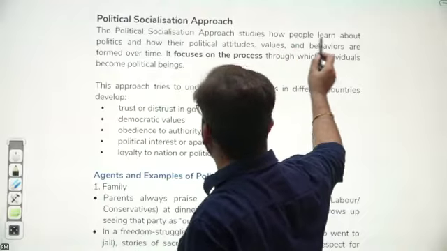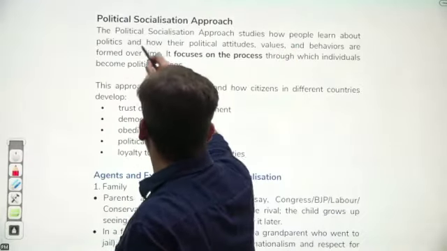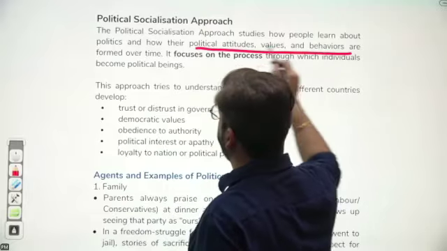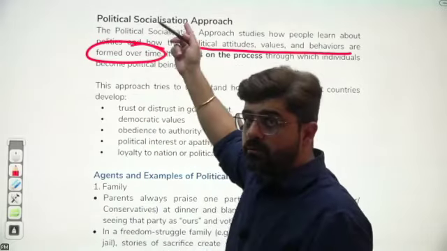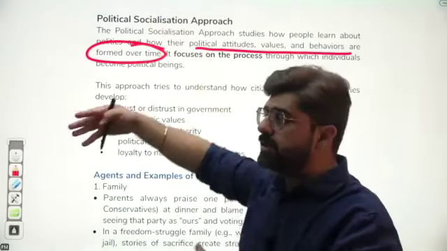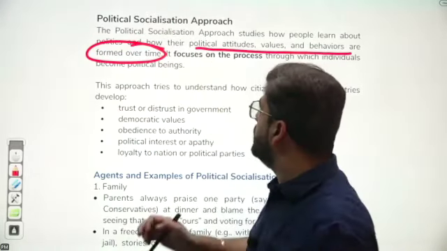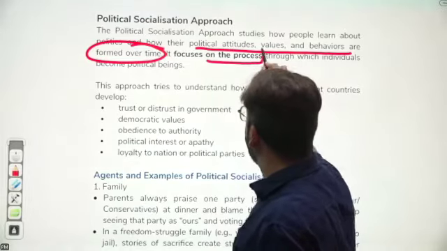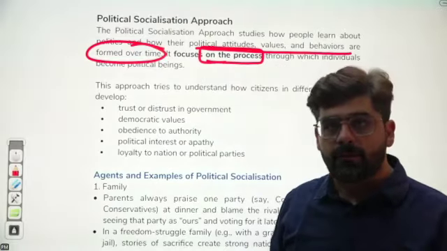It studies how people learn about politics and how their political attitudes, values, and behaviors are formed over time. Once it is formed, it results in political culture. But while it is getting formed, it is political socialization. It focuses on the process through which individuals become political beings.